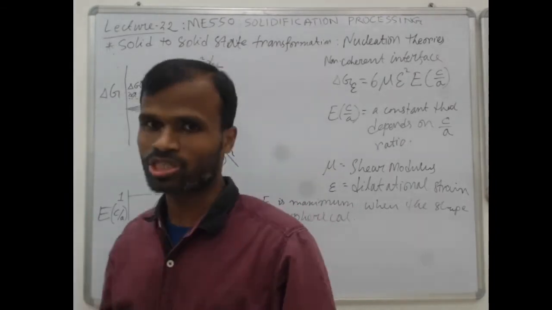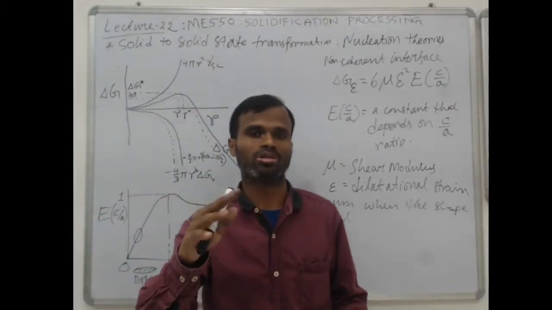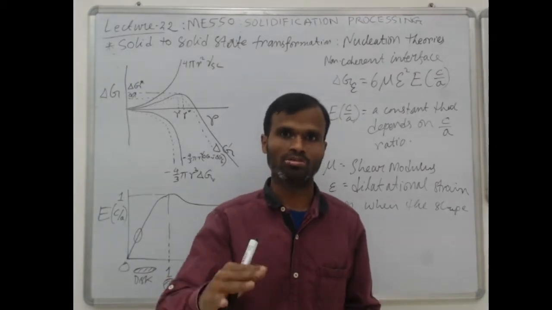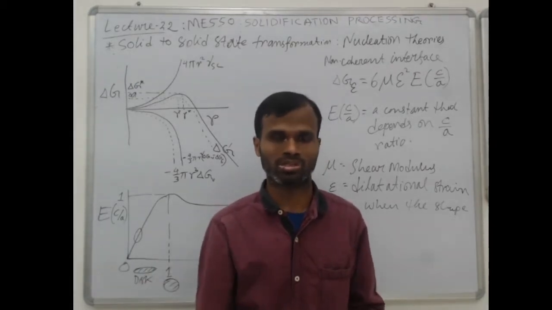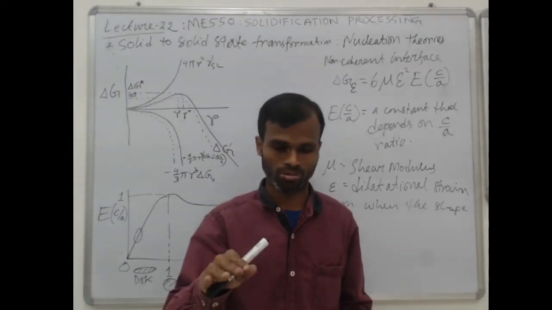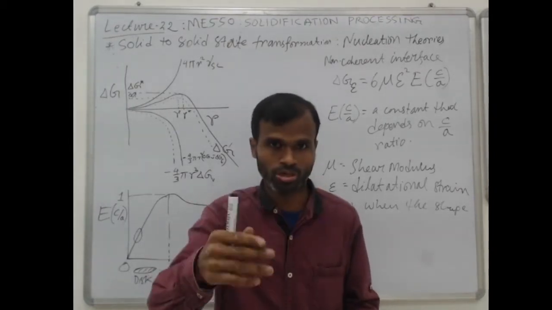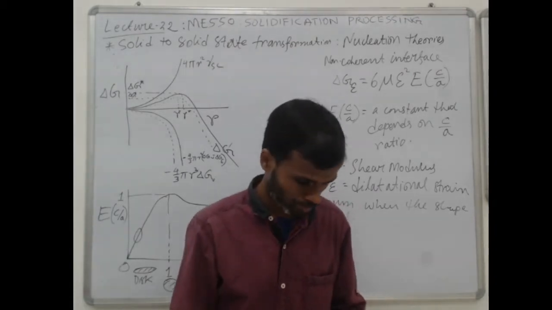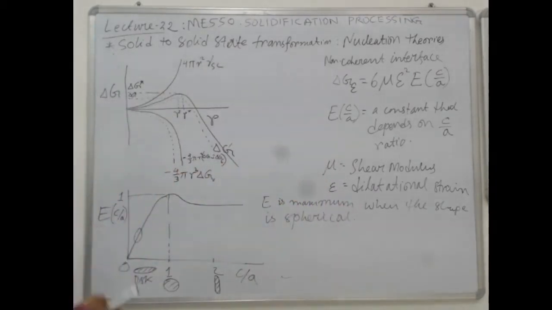So what will be the shape? It will depend on the total energy. Ultimately, the system will be trying to reduce the overall energy. We are not going into the full analysis of what shape the system will assume in order to reduce the total energy. But you see, the spherical shape has the maximum strain energy.